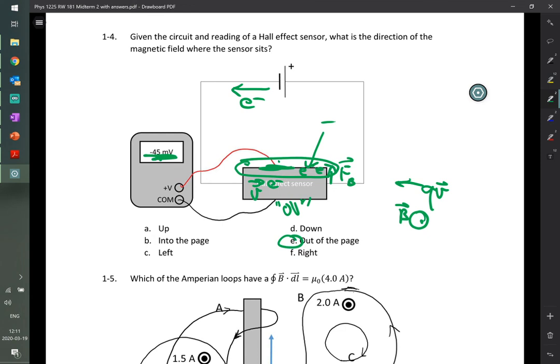So it should be due by 2:30. 4 hours after I emailed it out. Yes, where the sensor is.